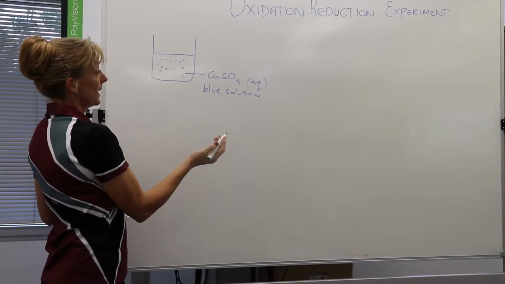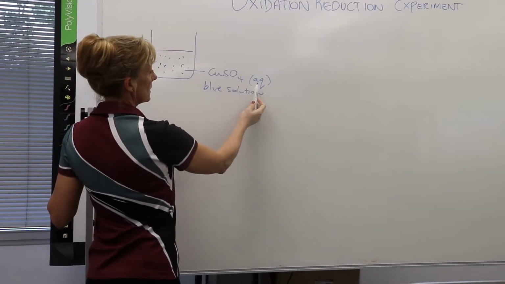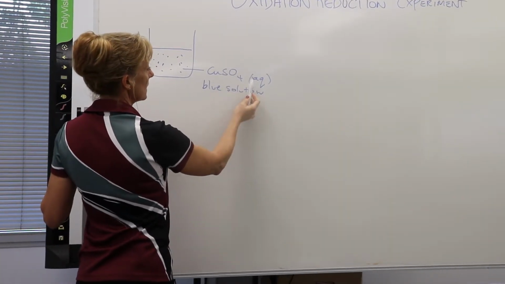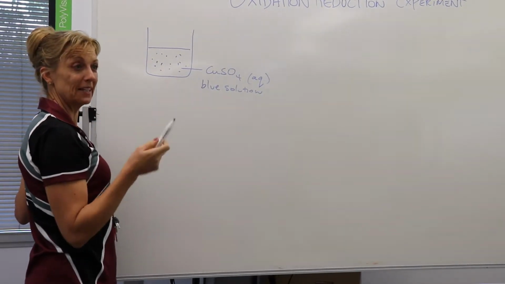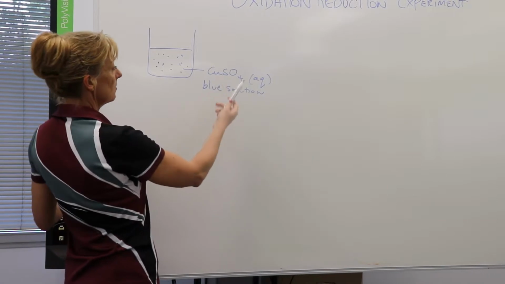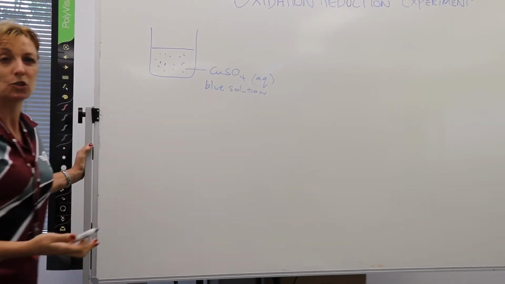Now I also explained yesterday, when you see that word aqueous, we're really meaning the ions are separate. They're floating around separately. Remember I talked about that yesterday? But chemistry is a language, so we're always using shorthand.